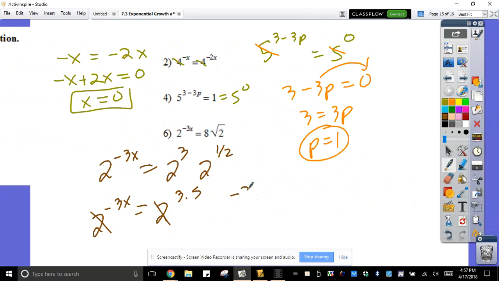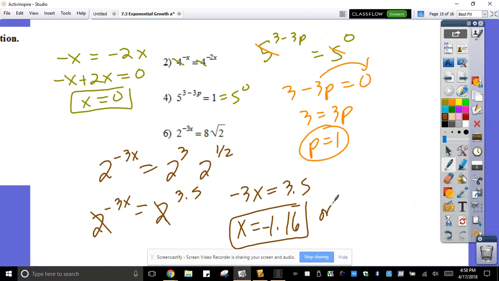That gives me negative 3x equal to 3.5. Using the calculator, I will have 3.5 divided by 3, which will be x equal to negative 1.16 repeating, or math frac, or it will be negative 7/6.